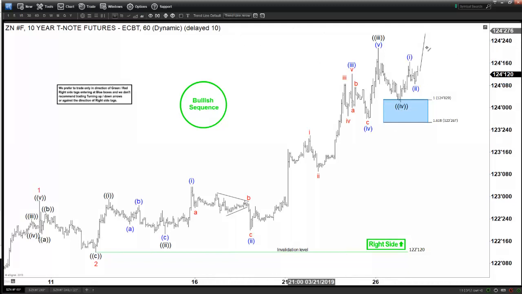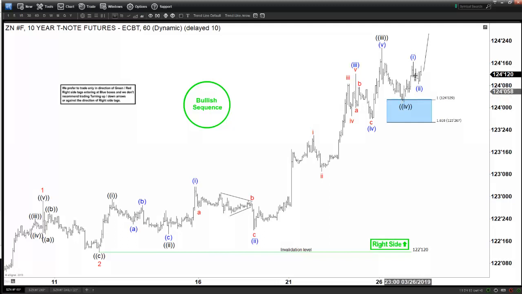Now we still can do a double correction like this in the wave 4, and that can still happen, but once we break above wave 3, that will confirm that the next leg higher has already started. And if it does do another double correction like this, then that will find support in the next 3 swings 100% area for the upside again from there.